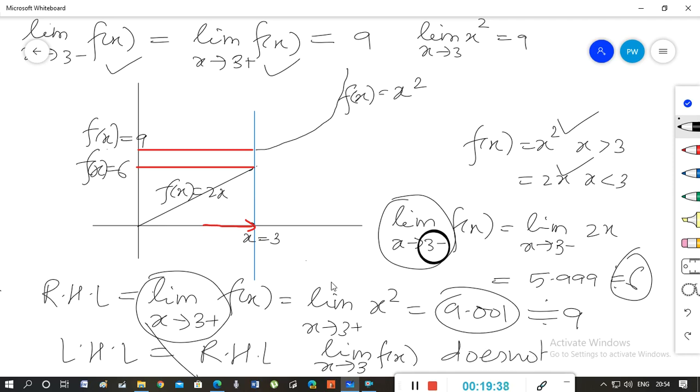It has got nothing to do with what happens at x is equal to 3. All you have to check is that when x approaches 3 from the right hand side, the function should go to a particular value, and when x approaches towards 3 from the left hand side, the function should approach the same particular value. When this happens, we say the limit of the function exists, and it is equal to that value. That's exactly what the limit of a function means.